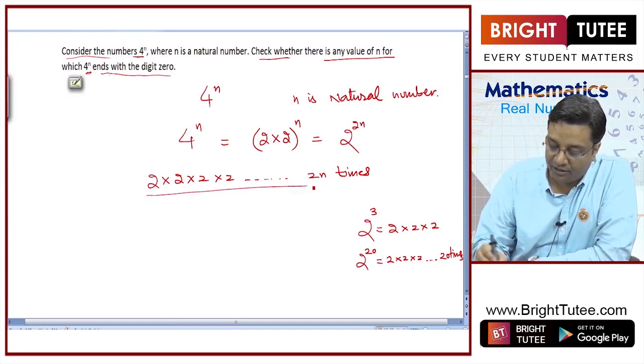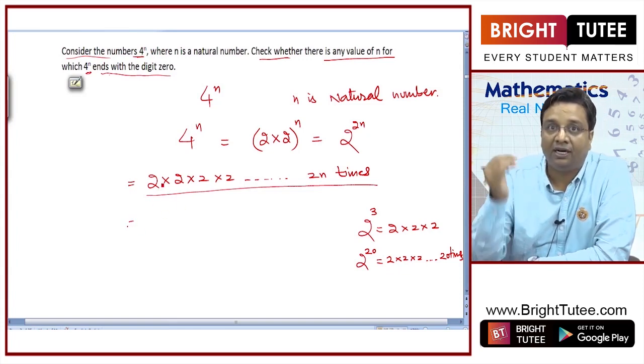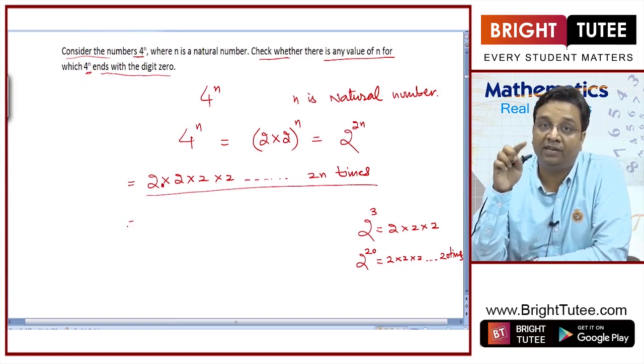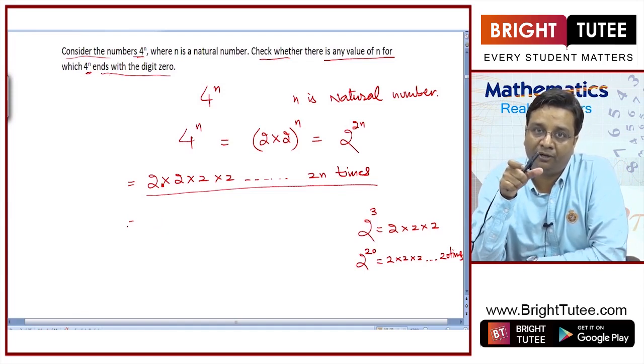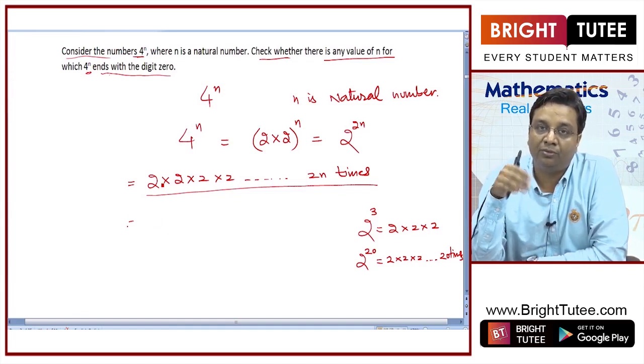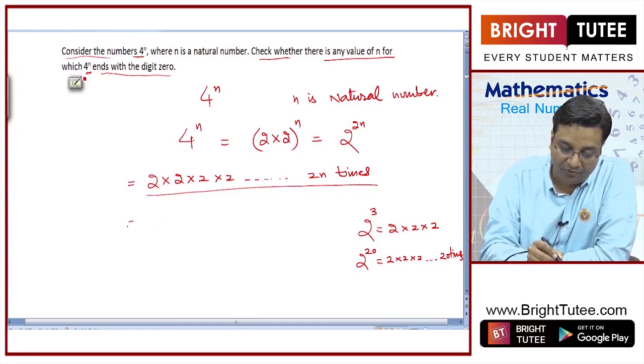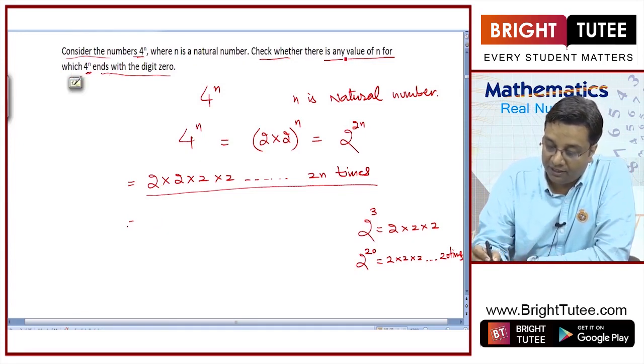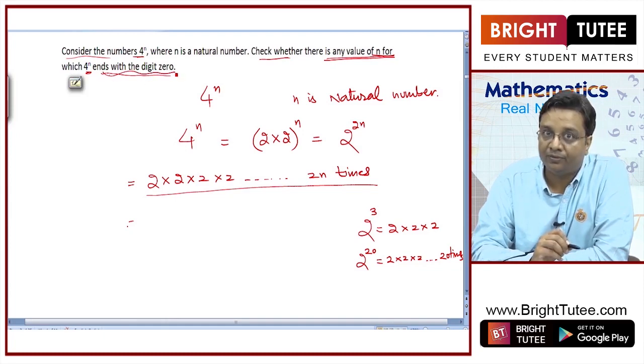Now in this product, in this prime factorization, all we have are 2's, right? We do not have a 5, and without a pair of 5 and 2 we cannot form a 0 in the end. And it wants us to tell whether for any value of n, 4 raised to power n can end with digit 0.